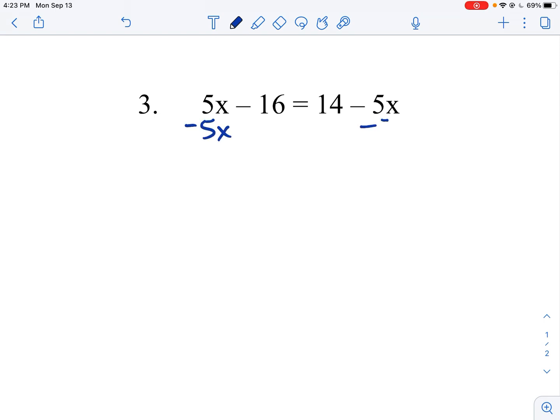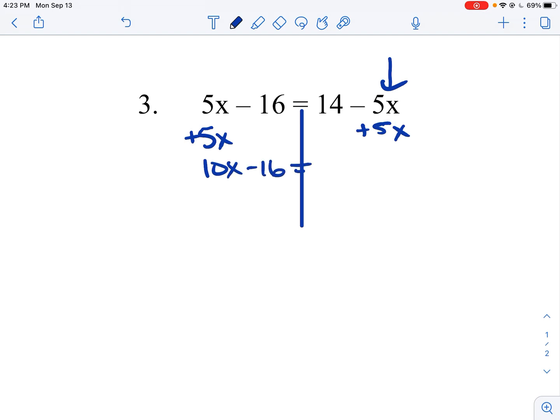Over here, if I subtract 5x from both sides, I could do that. Or I could add 5x to both sides. So let's look at it. Which one do we want to move? As I said, I want to move the smaller of the two. This one's the smaller of the two, so I'm actually going to add 5x to both sides.